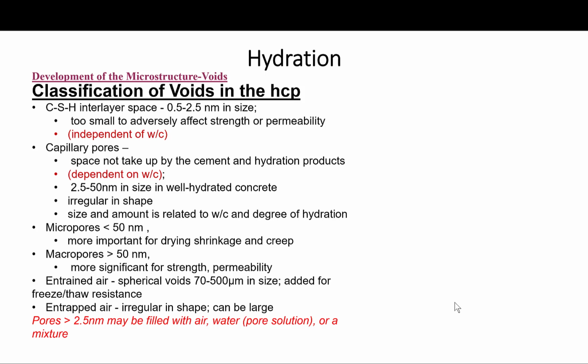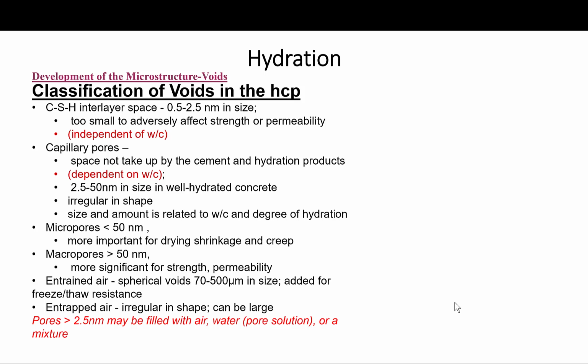Capillary pores form in the space not taken up by the cement and hydration products, and depend on water cement ratio. The size is between 2.5 to 50 nanometers in well hydrated concrete or cement paste, irregular in shape. Size and amount is related to the water cement ratio and degree of hydration, as I have shown in some of the graphs earlier.